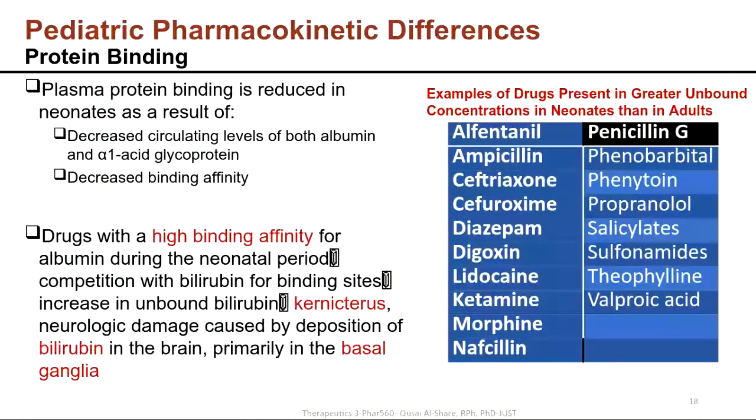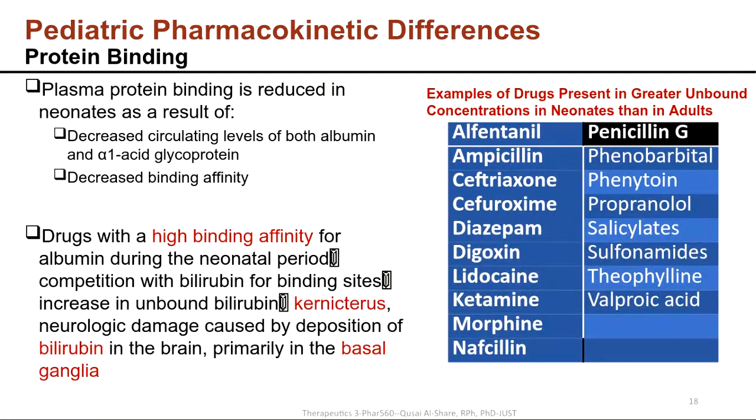Especially in the Middle East, we'll have a lot of bilirubin, especially at birth. It's normally higher than normal. So that will lead to an increase in the unbound bilirubin, or kernicterus, as we call it, which has neurologic consequences. It might lead to damage because of the deposition of bilirubin in the brain.